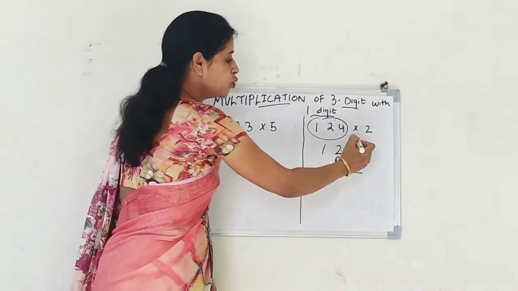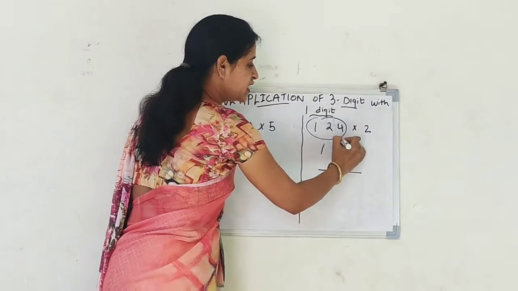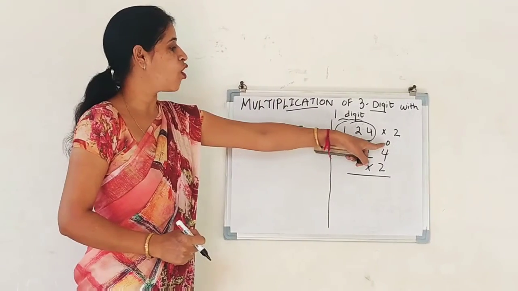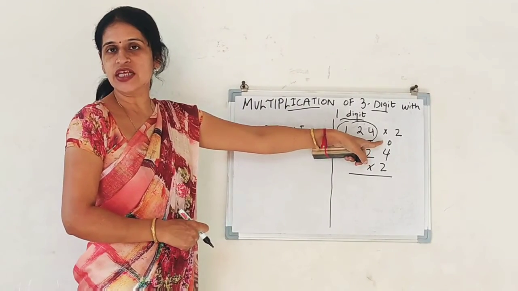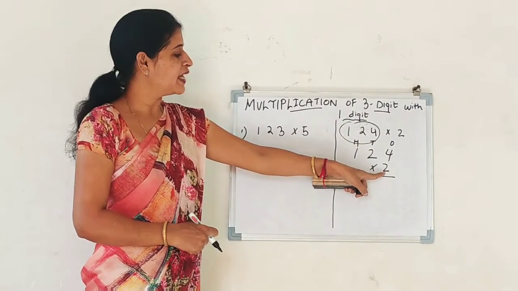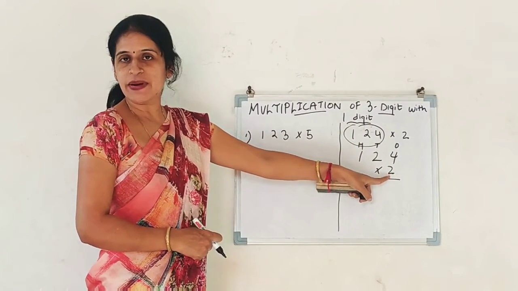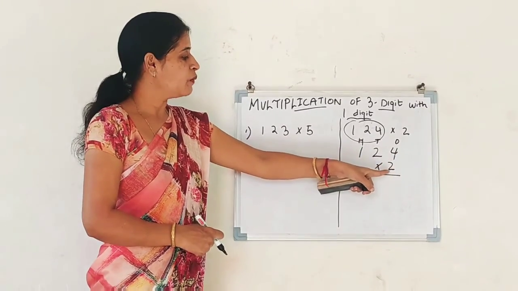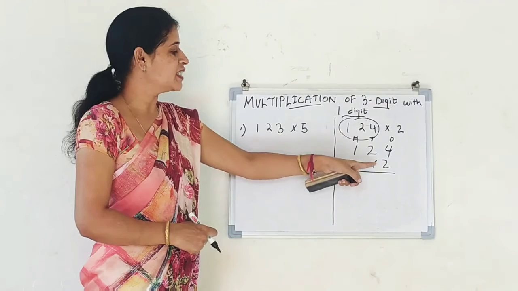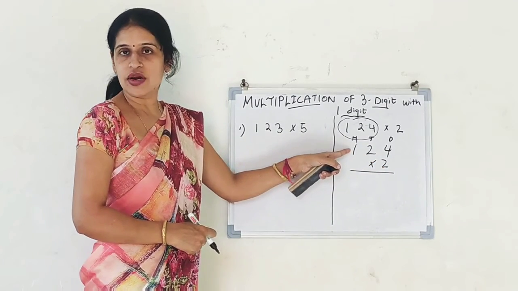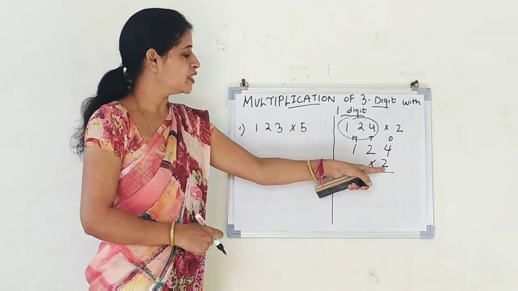Now we always start multiplying with the ones column. We multiply this 2 first with the ones column, then with the tens column, and then with the hundreds column. So let us start with the ones column.